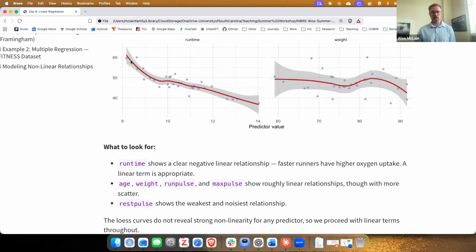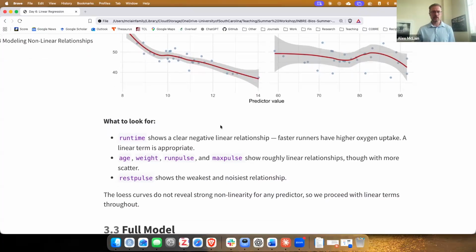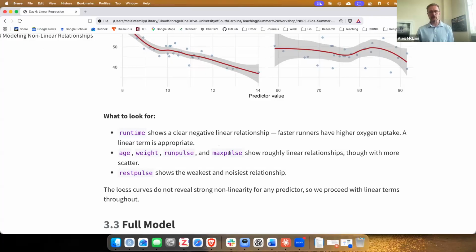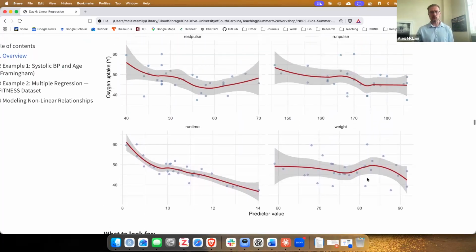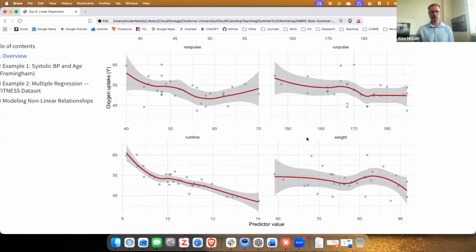Runtime, certainly the strongest negative linear relationship. Age, weight, run pulse, max pulse, roughly linear. There's going to be some more scatter. They're not as strong. Resting pulse and weight are kind of the two that don't appear clear. They may be related. They may not be related.